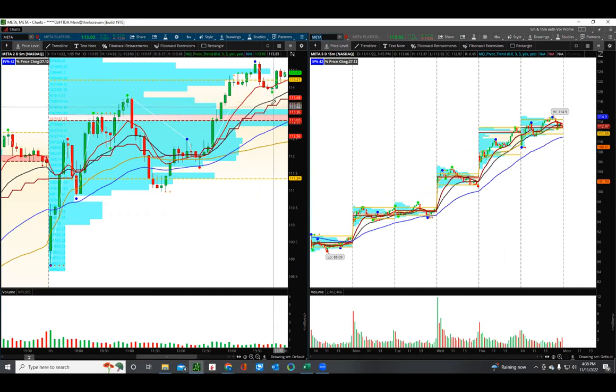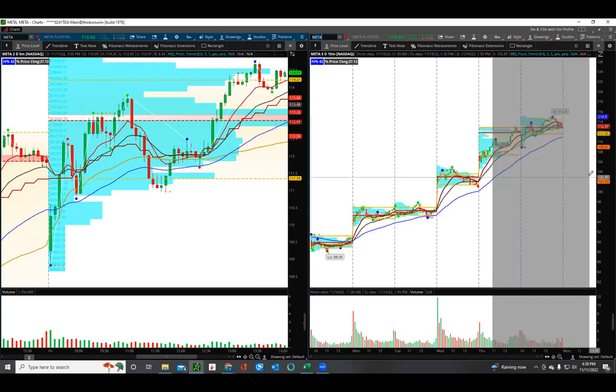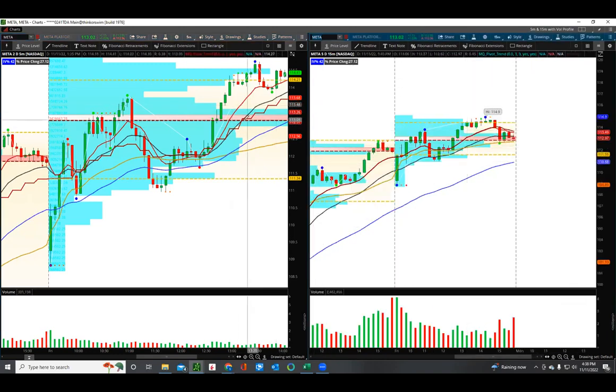This jagged red line is the 15-minute 10 EMA. I have an indicator that will plot a higher time frame indicator for me, so I don't have to go into it. If I zoom in here, this jagged red line is the same as this red line. And here's the VWAP.